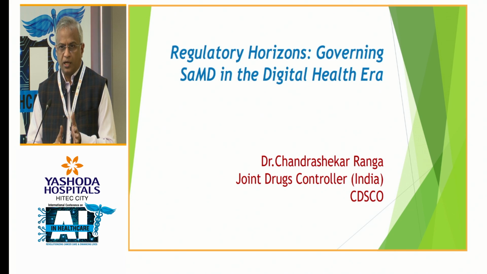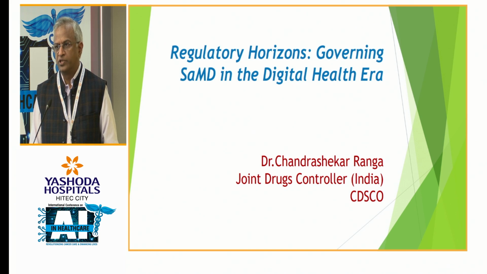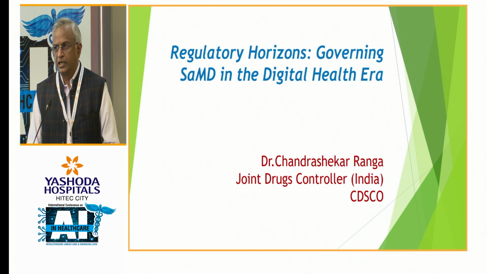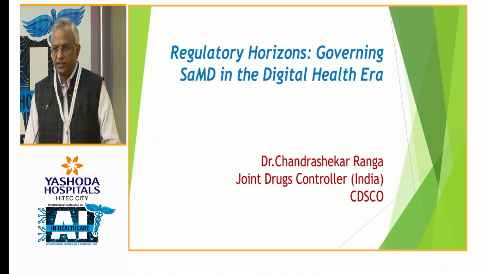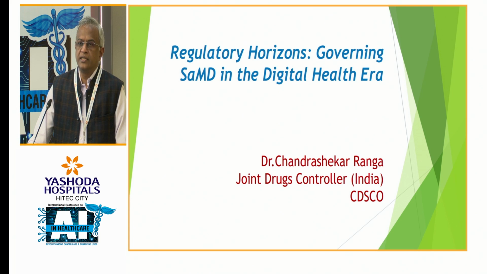For class A and B, we have delegated the licensing part to the state departments. Every state has its own drug administration department. So there, the class A and B medical devices, including those falling under SAMD, are regulated by the states. And class C and D are regulated by us, the CDSCO, that is the central government. And what comes under class A, B, C, that we decide.